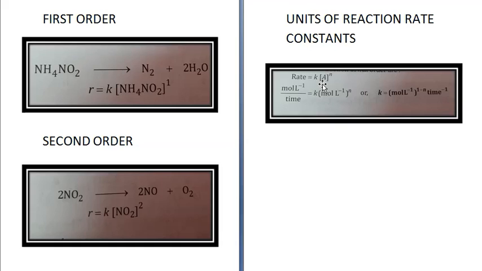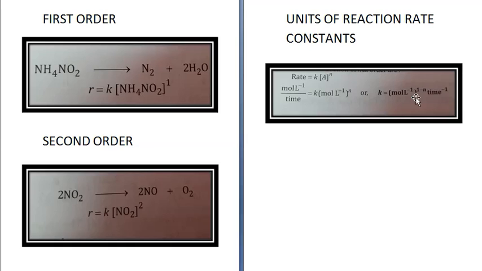Rate can be written as mole per liter upon time. K is a constant, it has no units. Concentration is mole per liter. Alright. Or K is equal to (mole per liter) to the power 1 minus n and time to the power minus 1.